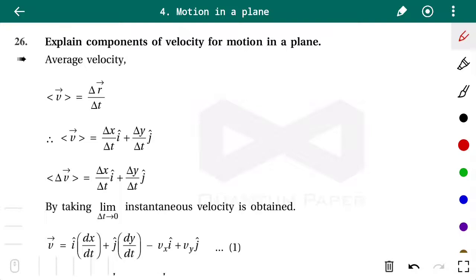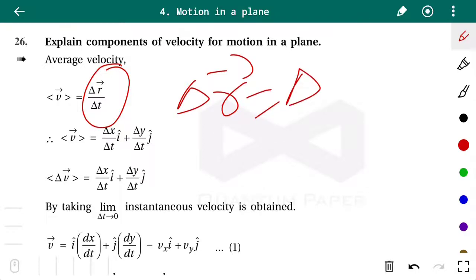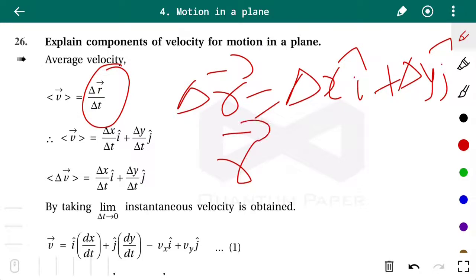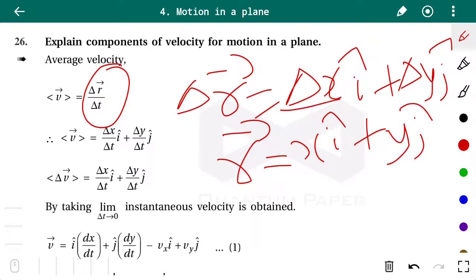So writing the x component and the y component of the positions of the object, rearranging this, because we know delta r vector is delta x i cap plus delta y j cap. Because in general we know r is equal to x i cap plus y j cap. So displacement will be delta x and delta y.